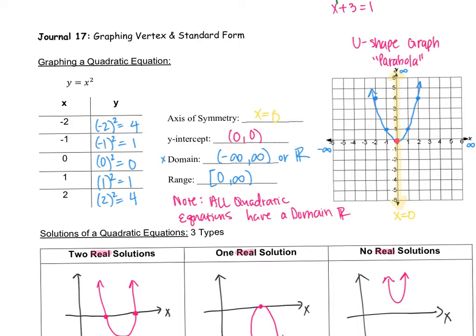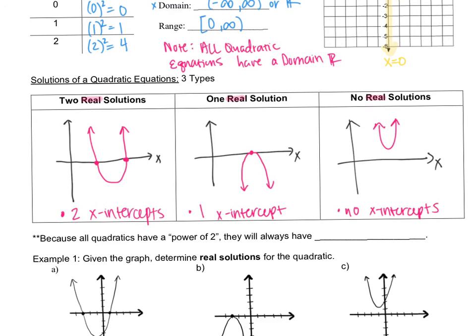That means you increase the number of solutions. So because this power is 2, all quadratics that have a power of 2 will always have two solutions. But some of them you might not see on a graph. So we're going to focus today just on real solutions, the ones you can physically see on a graph. Later on, I'll teach you some algebraic skills that will show you any two solutions, even if you don't see them on a graph.